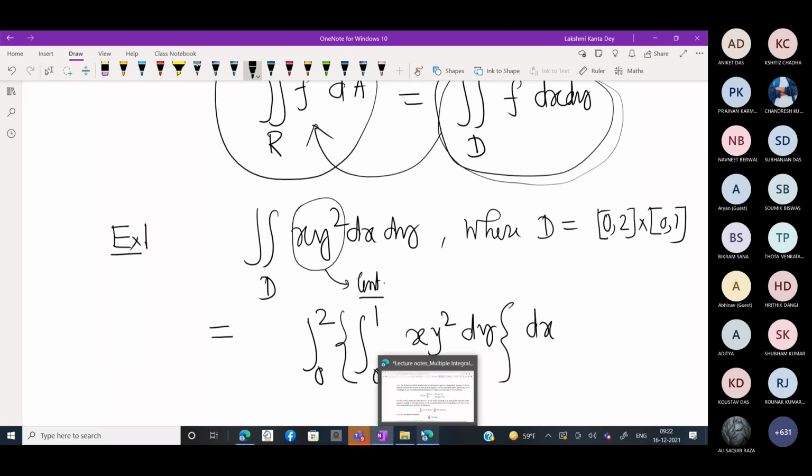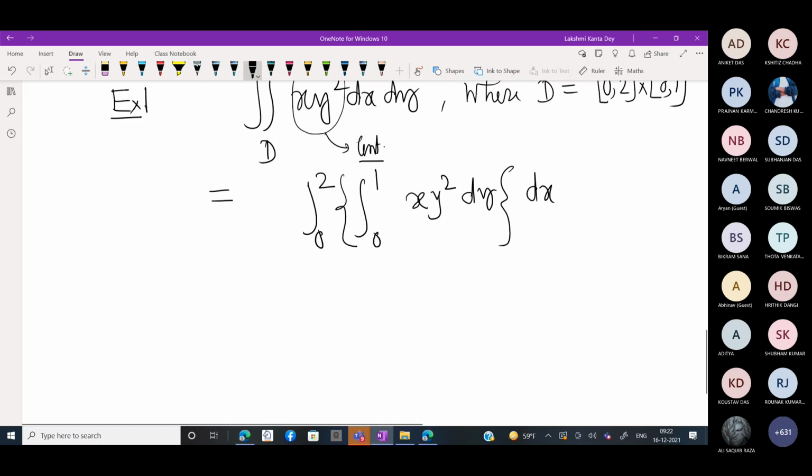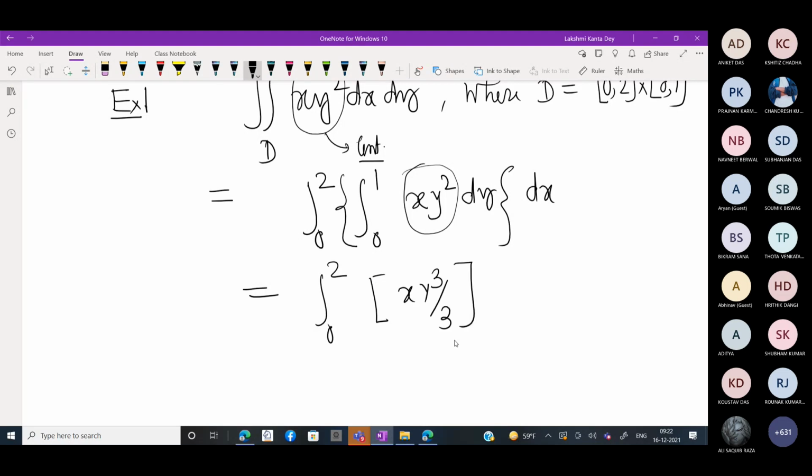So what we have to do here, we keep 0 to 2 intact. Then this integrand function we integrate with respect to y, keeping x as constant. So that is x y cube by 3, with y equal to 0 to y equal to 1, dx.